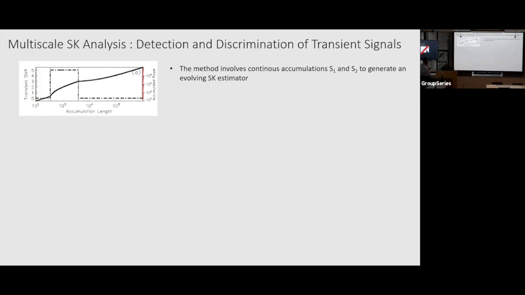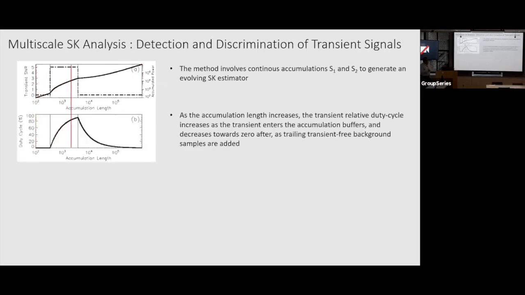Let's suppose that in your time domain, you have a transient signal that lasts only from here to here. When you accumulate, you start adding your transient to your background. And at some point when you get to the other edge, you exit the transient and continue accumulating, the power still goes up, but you see we have a pattern here when you cross the transient by doing this continuous integration.